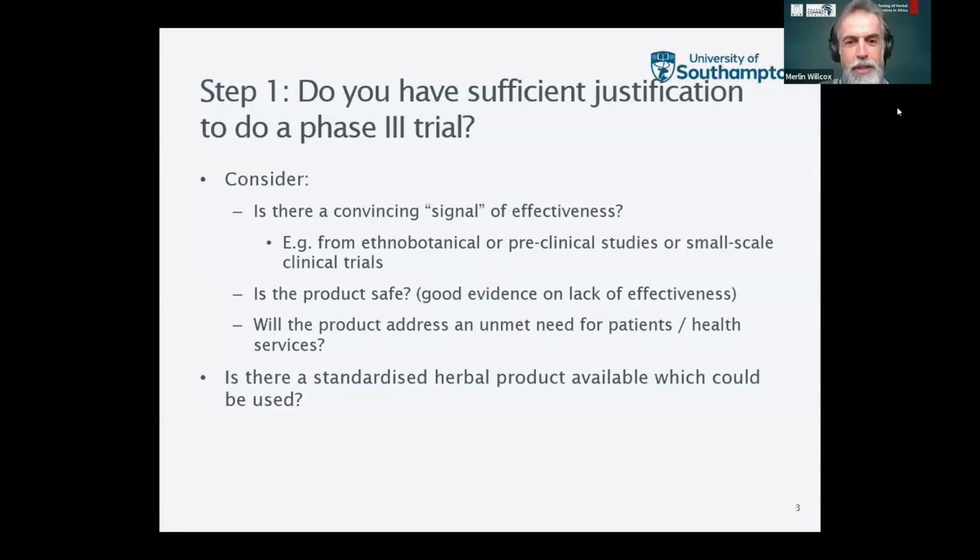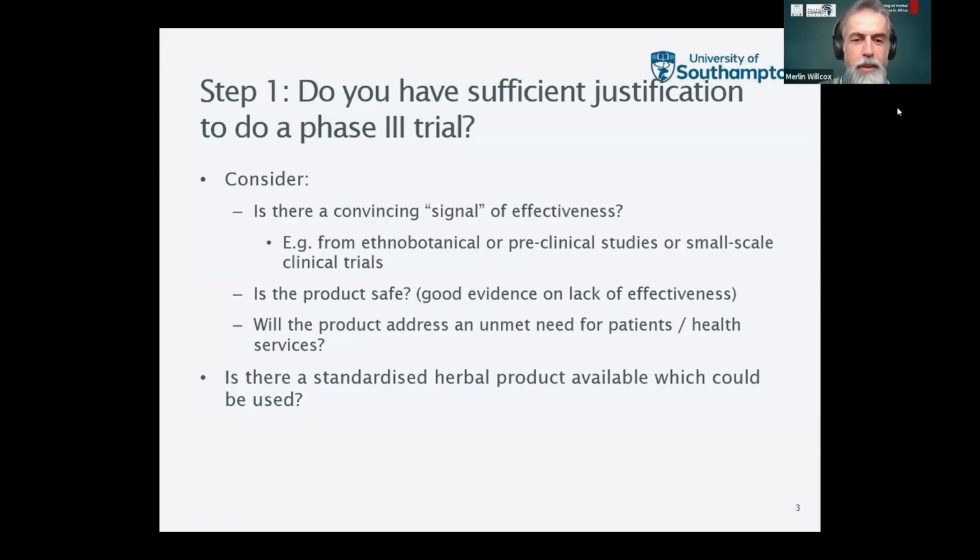And so you have to consider whether someone is even going to want to fund this. So FACA is a good example because, like Sylvain has just shown us, there's been a lot of research on it over a period of several decades. So that's a good example of a plant in which there is good justification for doing a phase 3 trial.